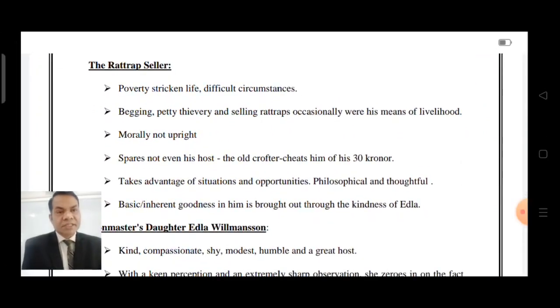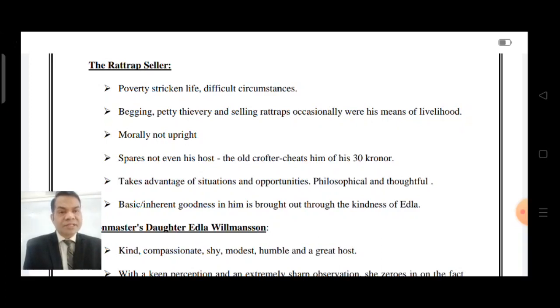Now let us discuss the character sketch of each character. The rat trap seller. He had a poverty stricken life, difficult circumstances. Begging, petty thievery, and selling rat traps occasionally were his means of livelihood.